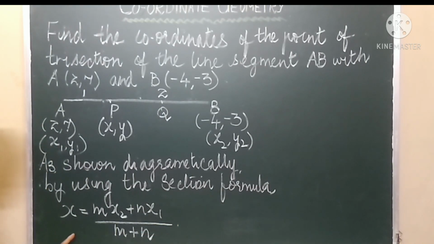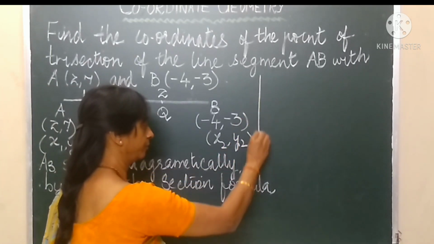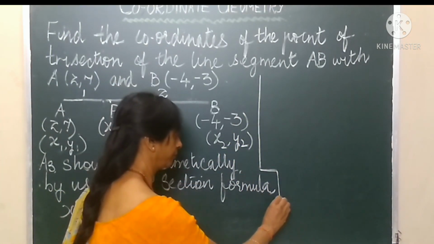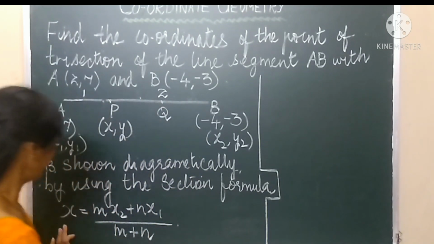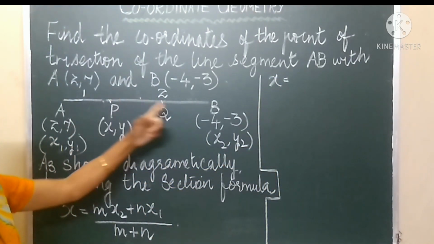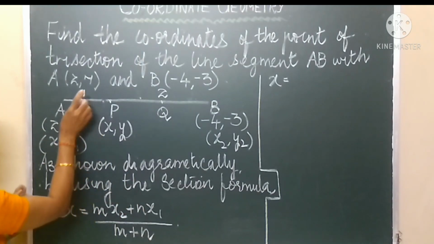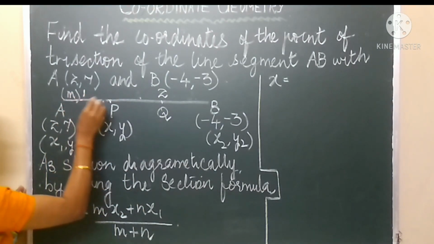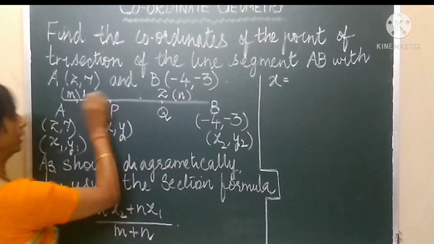To move on with our calculations, let's substitute. x, we have to calculate. m, now what is m? We have not shown it diagrammatically. So this is m and n, m is to n ratio.